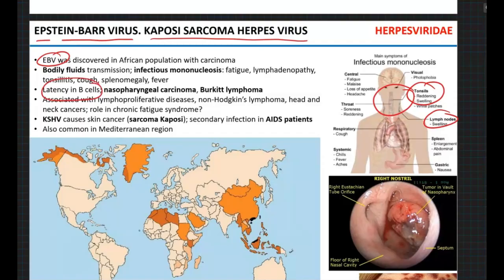And it's been very clearly shown that latent Epstein-Barr virus can later in life cause Burkitt's lymphoma. It's a B-cell lymphoma. And remember, it stays latent close to your nasopharynx. It can cause nasopharyngeal carcinoma.